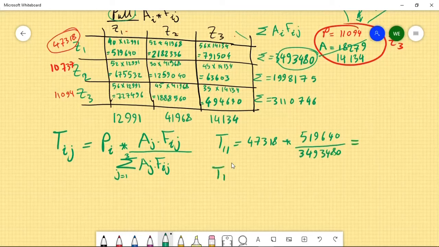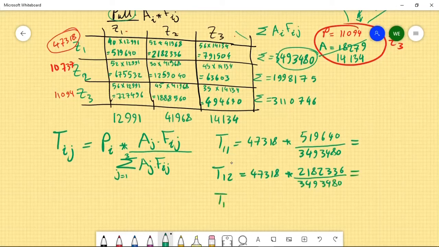Trips from 1 to 2 equal how much? 47318 multiply 2182336 divided by 3493480.